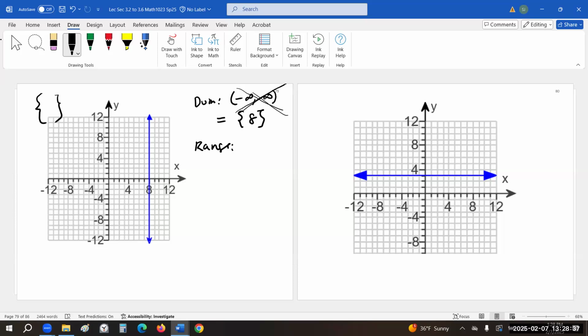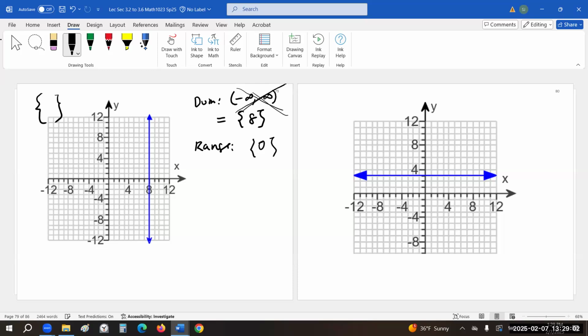So who thinks they got range wrong for sure? Any brave person like Madison? She was brave enough to admit her mistake. Anyone else would like to try range? 0.